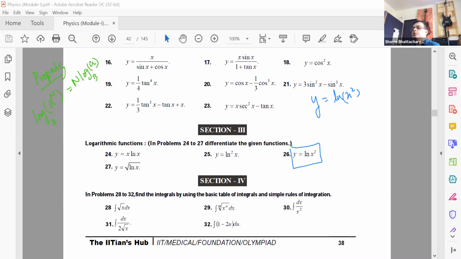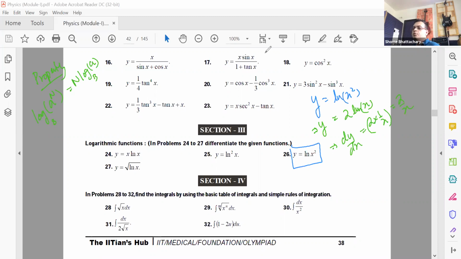So we can use that property over here. So this can be written as 2 ln x. Once I write it as this, it makes life very simple, because that will just be 2 into 1 by x, or 2 by x. Okay.